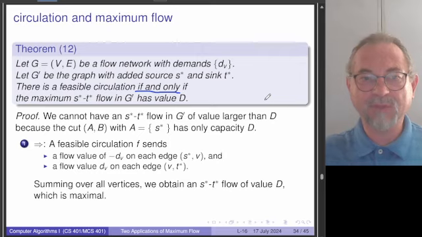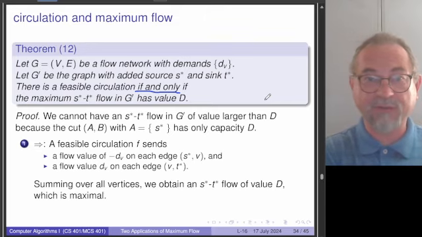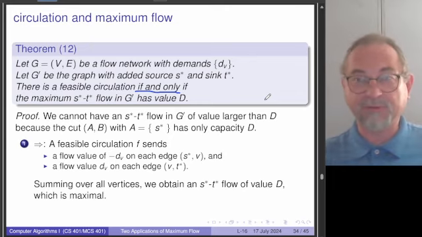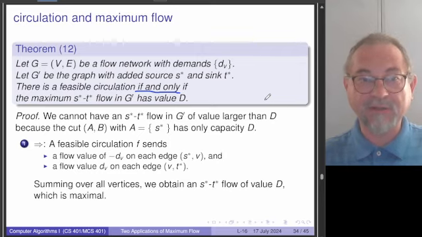If we want to compute the value of a flow in any solution, you look at how much comes out of the source and how much comes into the sink. By conservation, they must be the same. And if we sum all the edges from the values of the flow, we are actually summing all the demands.